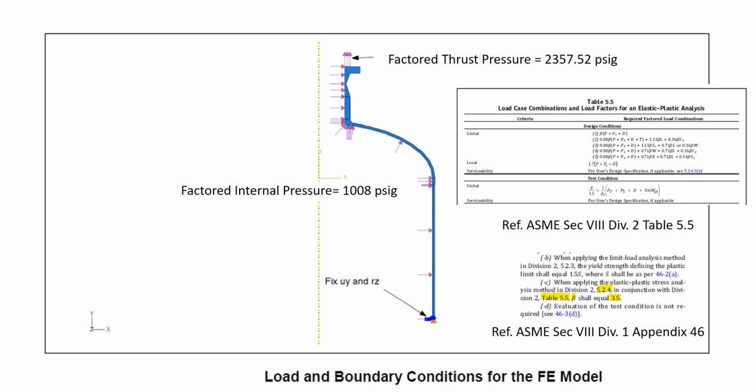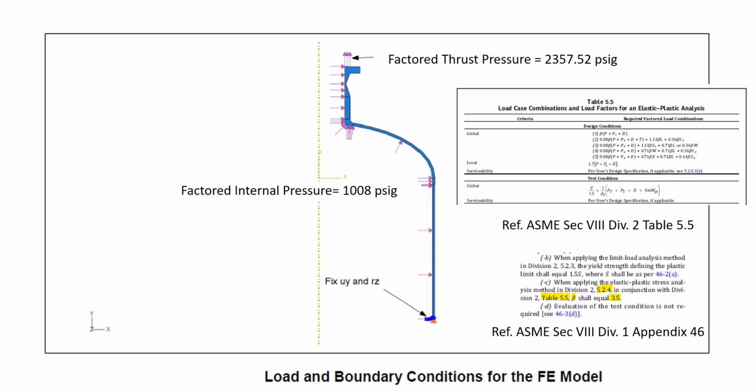And the guidelines of how to use that appendix are given in U-2(g). So you need to refer to the clause U-2(g), and then again refer to Appendix 46 to get the information on whether we can use Division 2 rules to design a vessel as per Division 1.